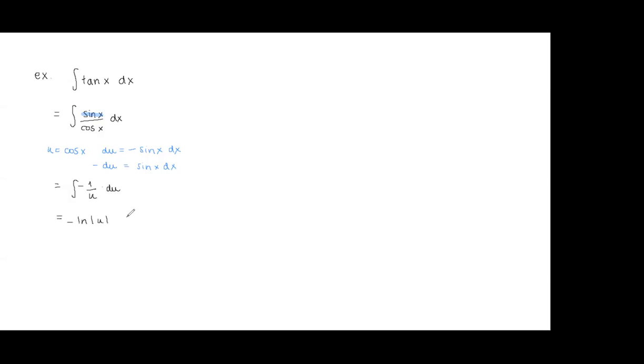And if you've been doing your web work assignments, you'll realize that it's really important to put the absolute values, otherwise the answer is not marked correct. So this is minus ln of u, but u was just a code for cosine of x, which means that this is minus ln of the absolute value of cosine of x plus c. Does anybody have any questions about this? Is this clear for everyone?